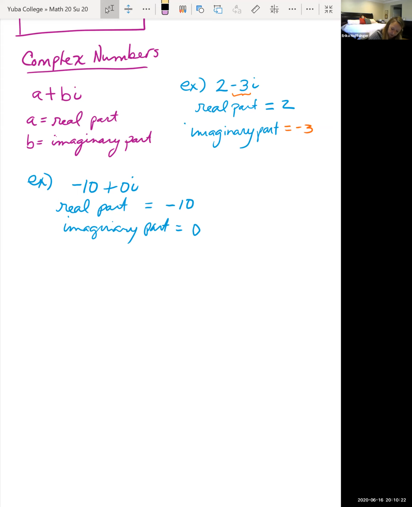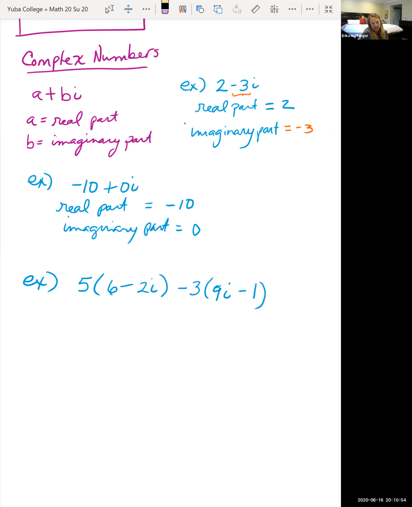So for an example, if you had, let's say, 5 times the quantity 6 minus 2i, and this is minus 3 times the quantity 9i minus 1. And let's say the directions are simplify the following expression and identify what the real and the imaginary part are.